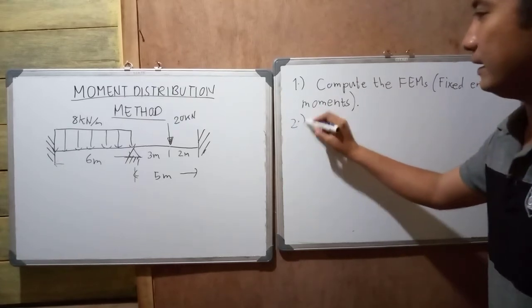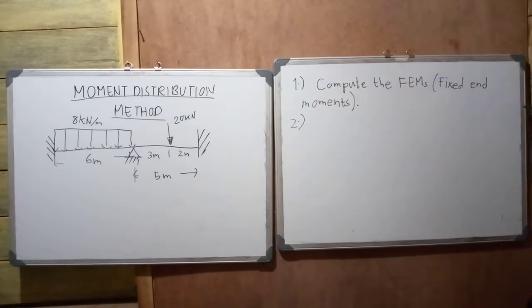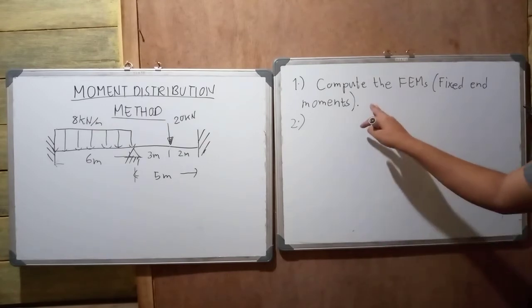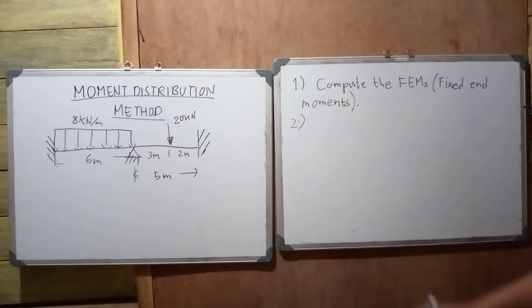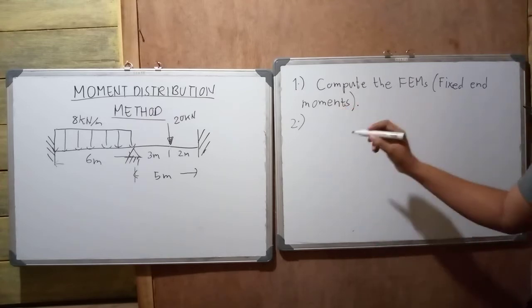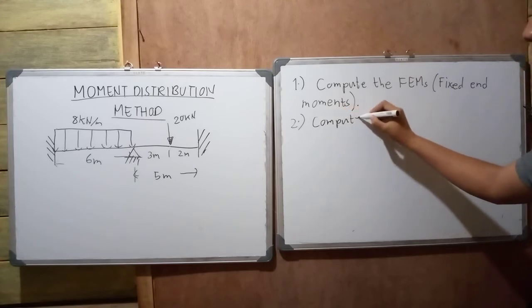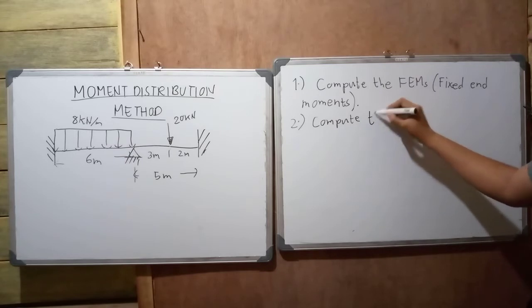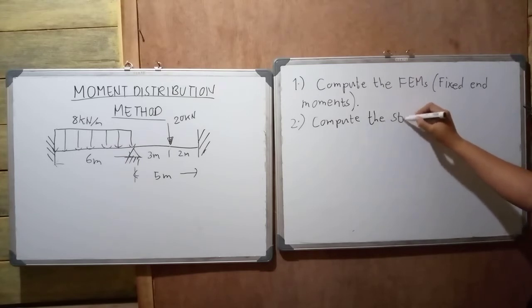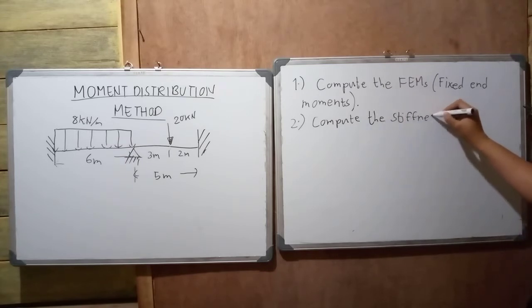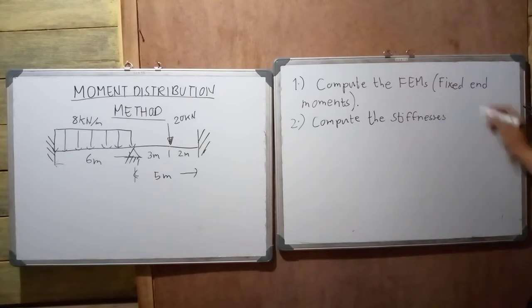Then, the second one is the same as in the slope deflection method: compute the stiffnesses, or relative stiffnesses.